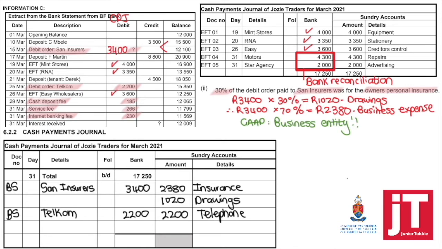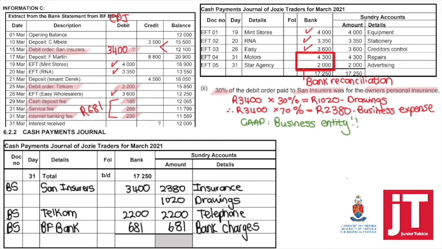Now I've got left cash deposit fees, service fees, internet banking fee. All of this is regarded as bank charges. It must always be added together. So the total bank charges is 681. So in my CPJ, source document, bank statement, who did we pay? BF Bank.